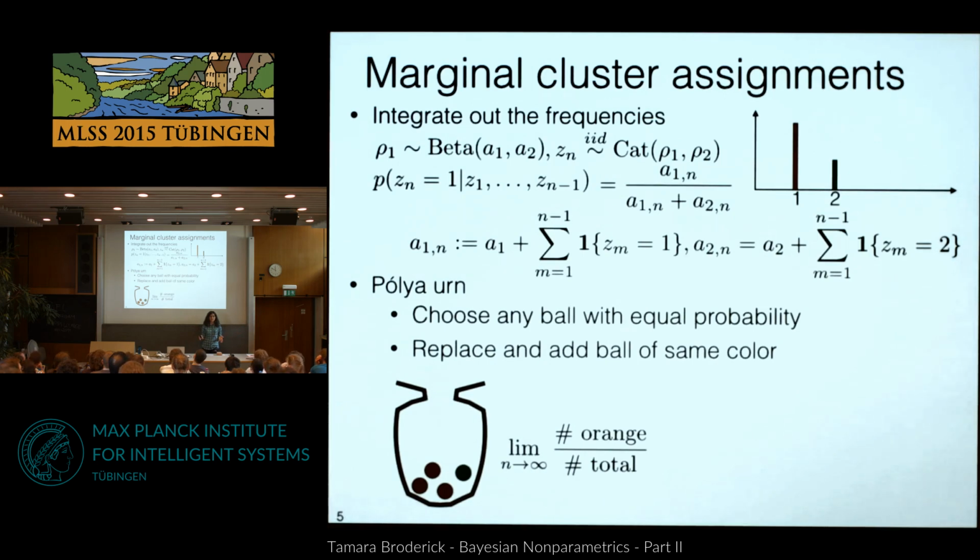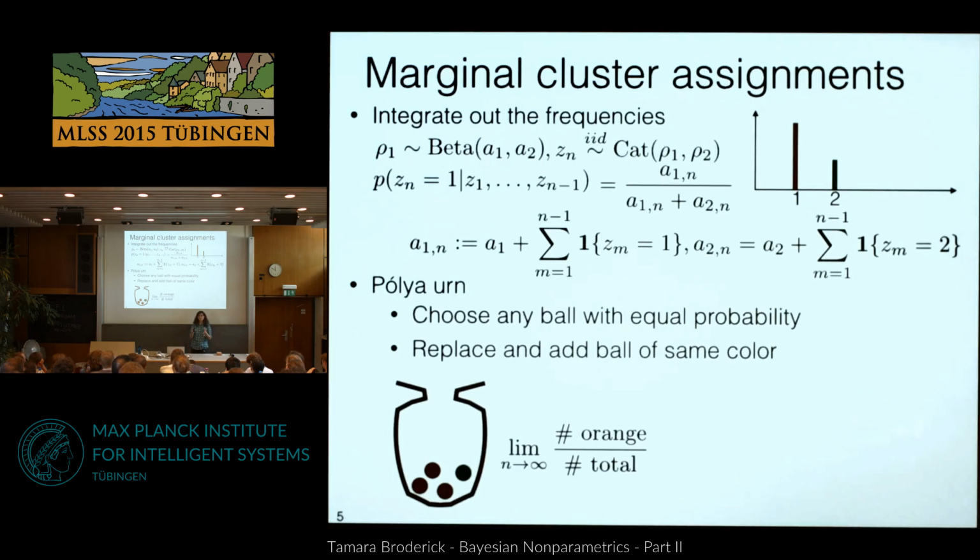And I'm telling you that we just derived that the same distribution of Z1, Z2, Z3, Z4, etc. comes from this Polya urn distribution. And so if it has the same distribution, well, we know that if we started off with this beta distributed rho 1, and drew all these Z's, and then looked at the limiting proportion of 1s, it would have to be rho 1, right? Hopefully that's not so controversial.